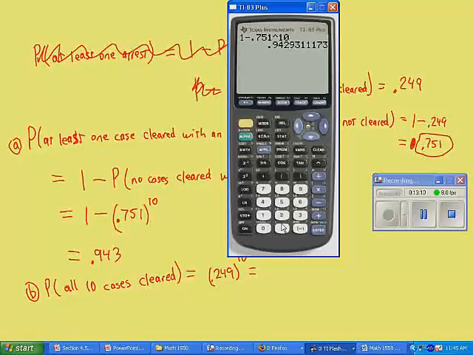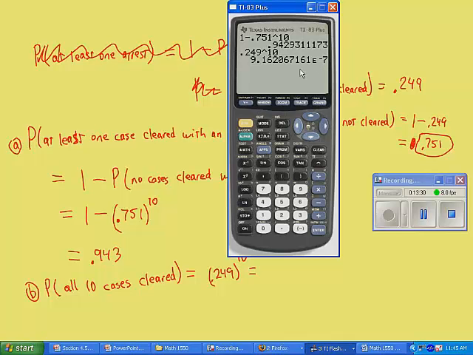Now, if I do that, oh, what's that mean? E to the negative 7. That means times 10 to the negative 7.